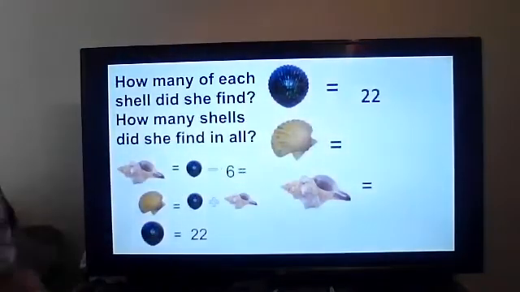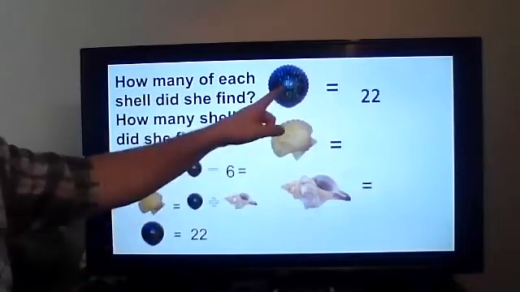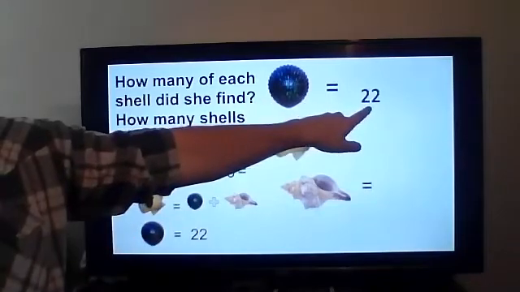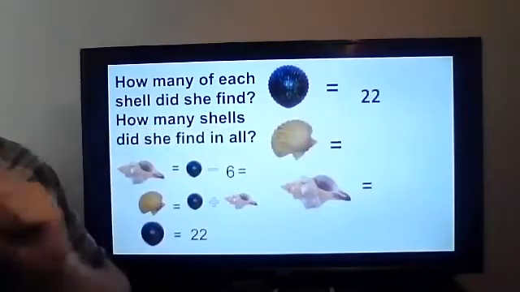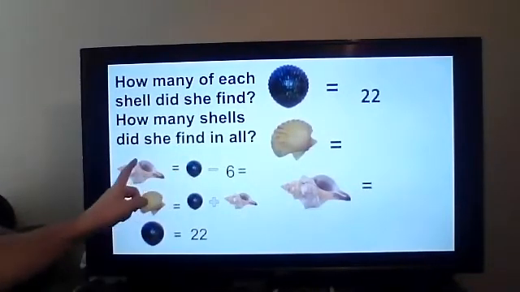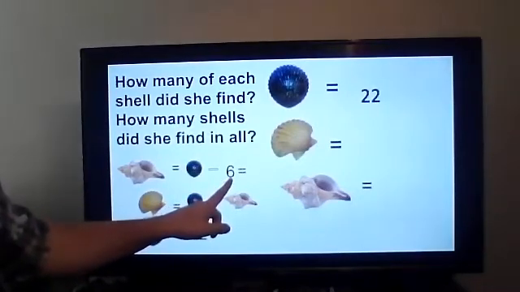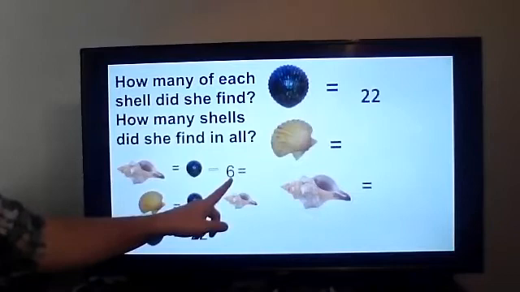Now, the problem already gives us how many black seashells Kim found, which is right here, 22. So we know that Kim found 22 black seashells. And in our problem, we are already given one of the numbers that we need to solve our problem here.